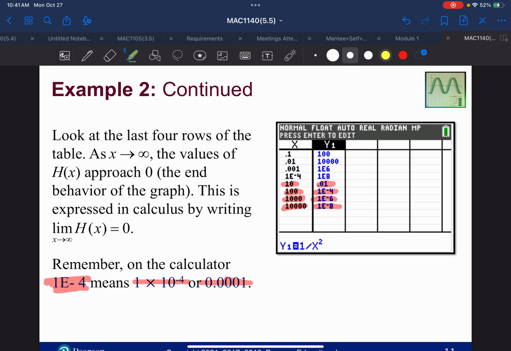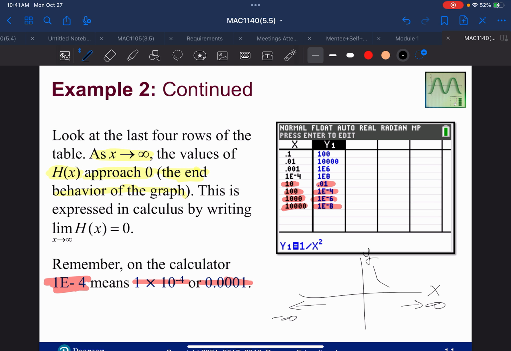And so notation-wise, we say that as x is approaching infinity, or as x is getting larger, the values of the output h of x are approaching 0. And so this is the end behavior of the graph, because in end behavior, I'm talking about what's happening at the end values of x, what's happening at negative infinity and what's happening at positive infinity.